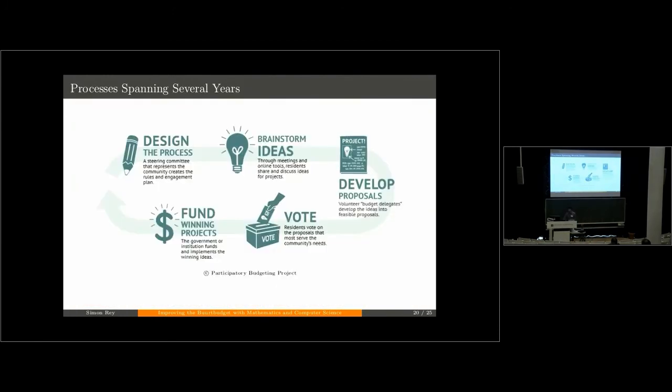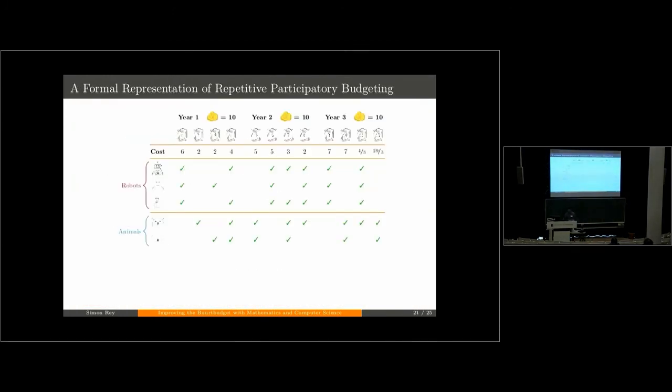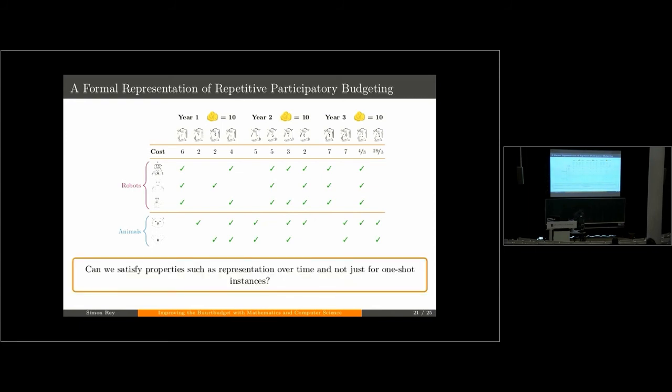Well, maybe not. Okay, another example. You've got 3 years, right? The first year you had something, I'm sorry, the numbers don't match, but the second year you had another election for participatory budgeting. The third year you had another election for participatory budgeting. So we've got this whole process that is happening several times.